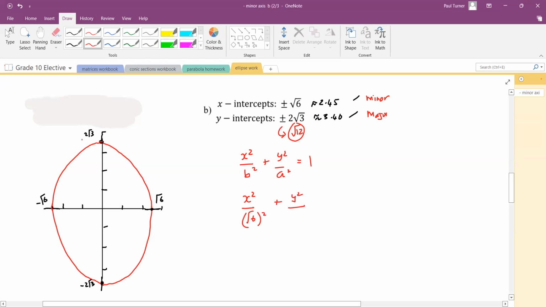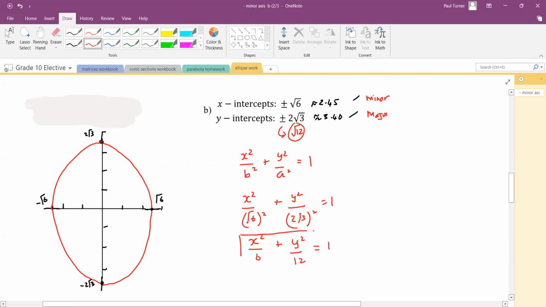So a here is 2 root 3 squared, equals 1. So we're going to get x squared on root 6 squared, which is 6, plus y squared, and that's going to be 4 times 3, which is 12, equals 1.